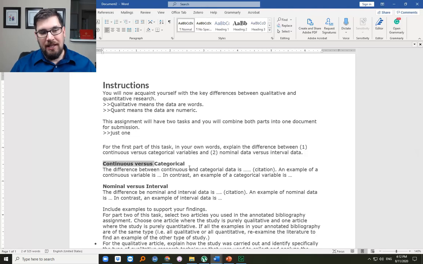It's sort of like categories, but the numbers actually mean something. Whereas in categorical variables, you're putting people in terms of high risk, low risk, moderate risk, things like that that may have meaning.